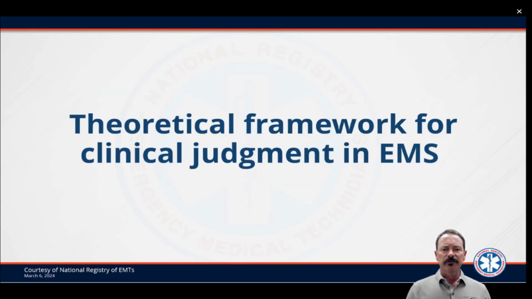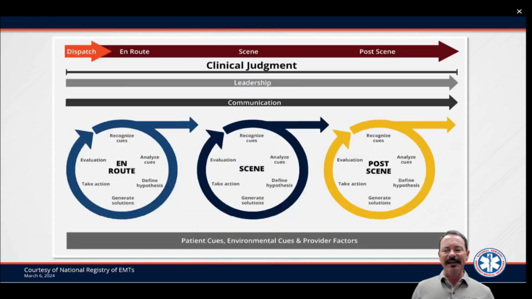Okay. So the theoretical framework for the clinical judgment in EMS, they give us this whole little algorithm here. And we have dispatch, which is en route, right? And then we're going to be having to answer questions when we get on scene. And then we're going to have to answer questions on the post scene. This is all trying to test your clinical judgment and then also your communication.